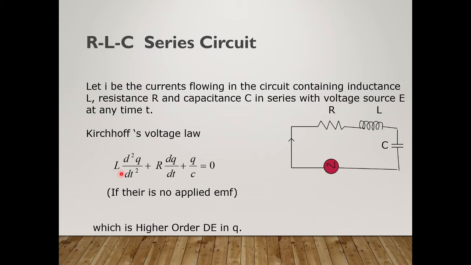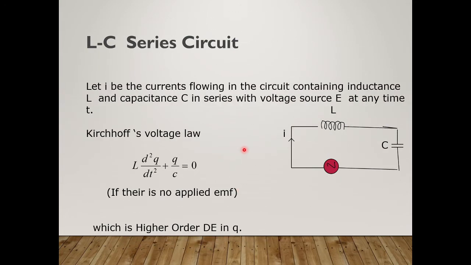The voltage drop across L is L d2q by dt square, plus the voltage drop across R, in terms of charge, R into dq by dt, plus the voltage drop across C, which is q by C, and the applied EMF is equal to 0. This is the higher order differential equation. We solve this with constant coefficients, and here L, R, C values are constant. Therefore, we solve this by finding CF and PI.